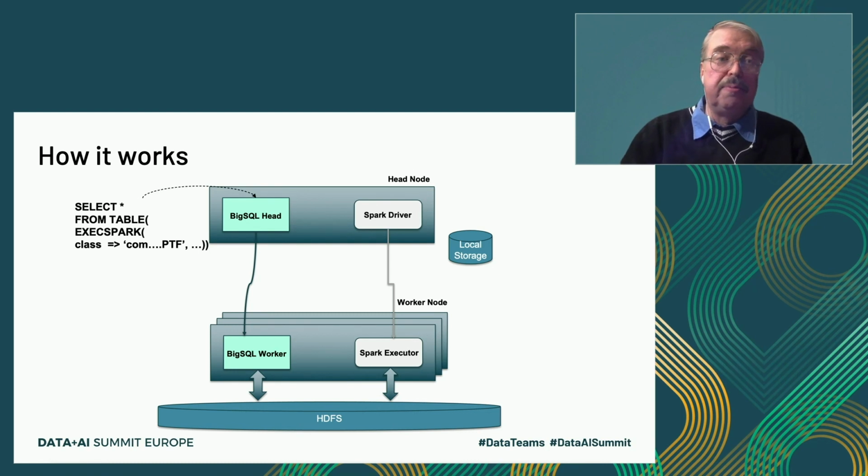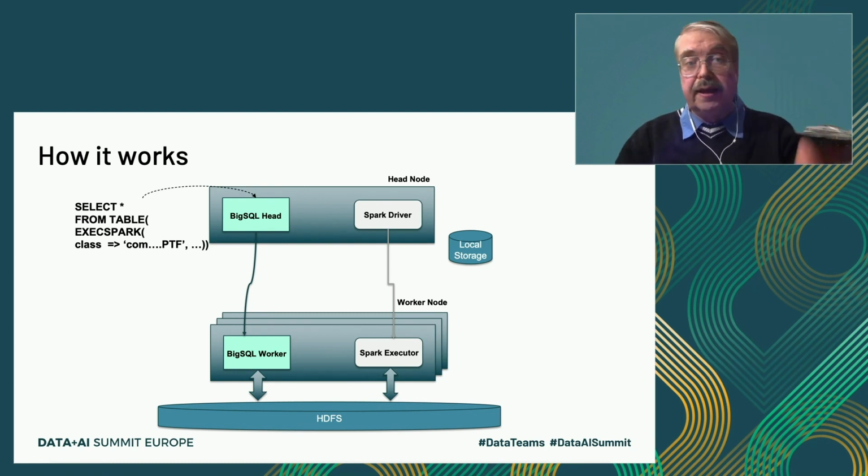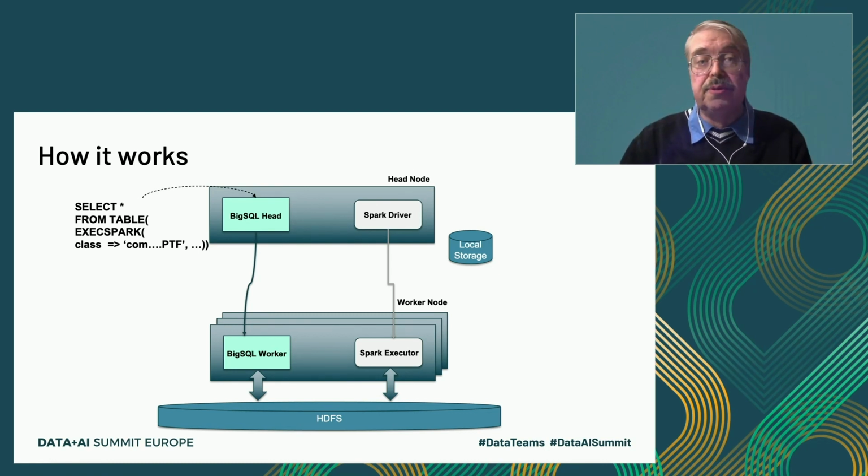Okay, let's look a bit more in detail how BigSQL and Spark are communicating. Let's assume we have some SQL statement, like the SQL statement which we saw before in the example, where exec Spark is called with some class. That's submitted against BigSQL, and BigSQL is calling the describe method of the polymorphic table function.